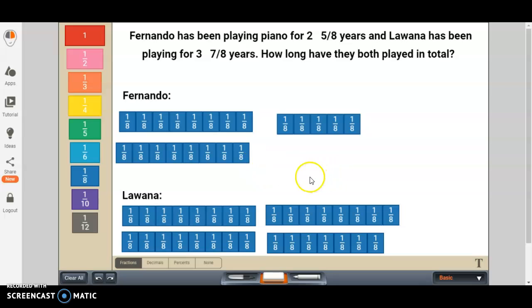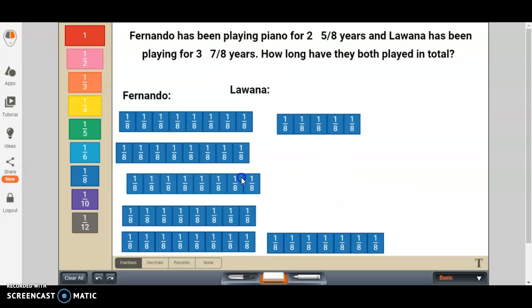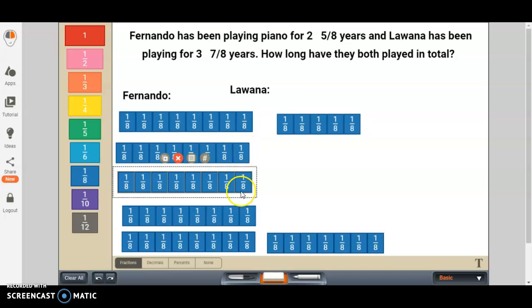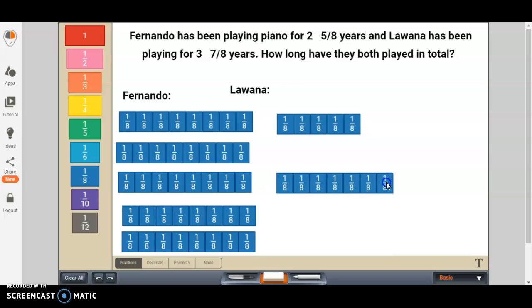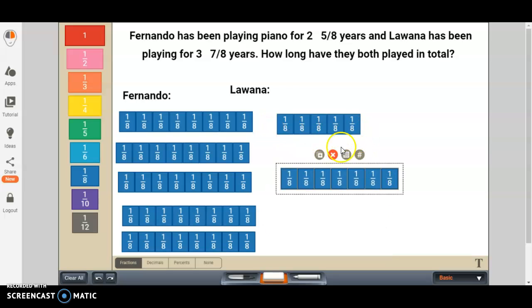So first I'm going to put all of the whole numbers together. So, sorry Lana, I'm going to move your name. Okay, so I have 1, 2, 3, 4, 5 whole numbers. And then I have 5 eighths and 7/8. Now, I believe I can move this up into another whole number. Yes, I now have 8/8 here.